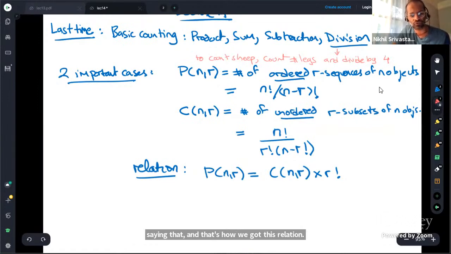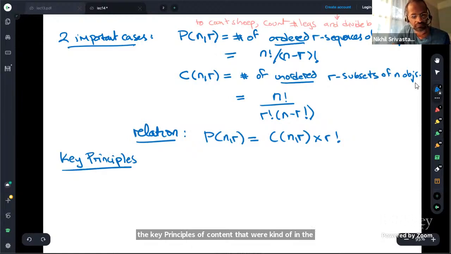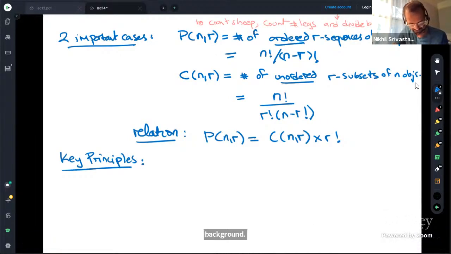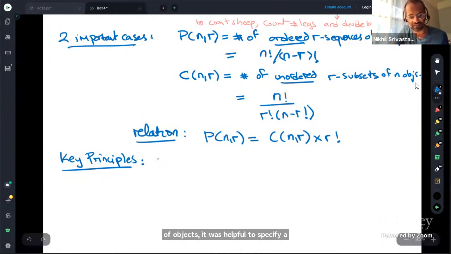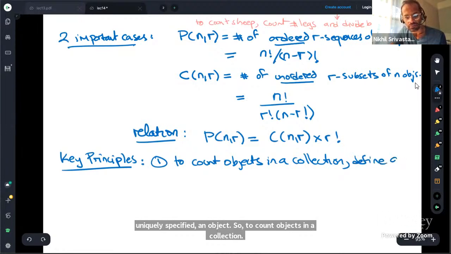And really, maybe even more importantly than these rules, there were two key principles of counting that were kind of in the background. The first principle was that to count a collection of objects, it was helpful to specify a process for uniquely specifying an object. So to count objects in a collection, define a process.